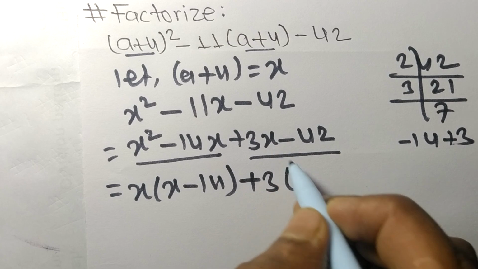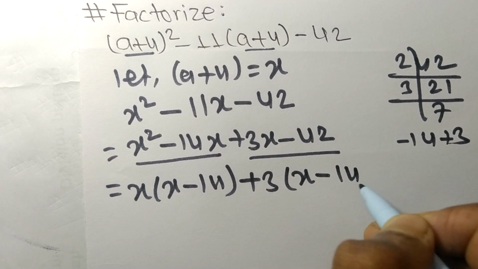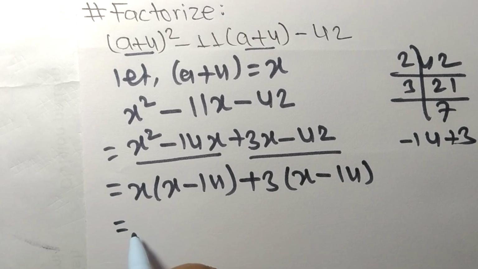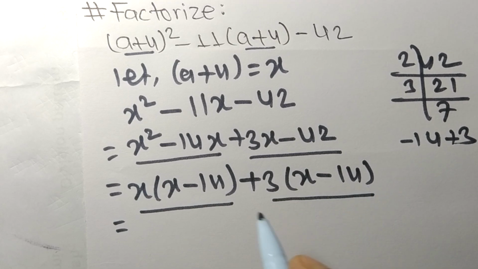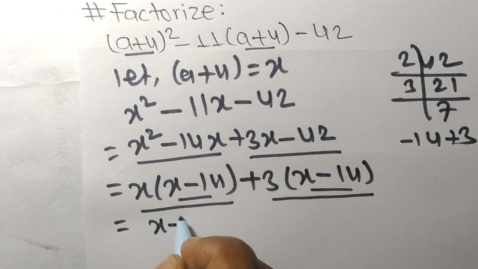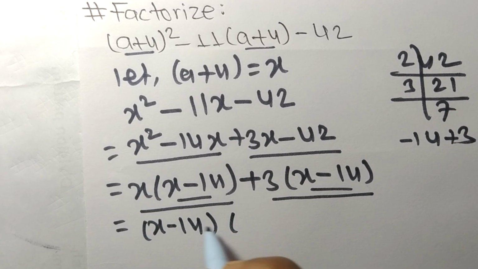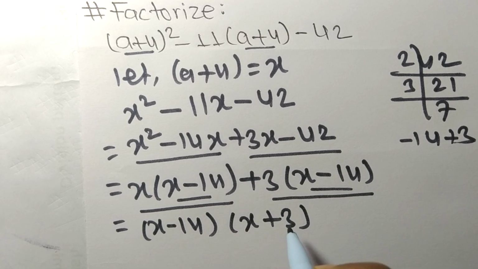Remaining is x − 14, since 3 times 14 makes 42. So now we again find the common factor in the first and last expressions. Both contain x − 14. So x − 14 is common, remaining in the first is x and in the last is +3.